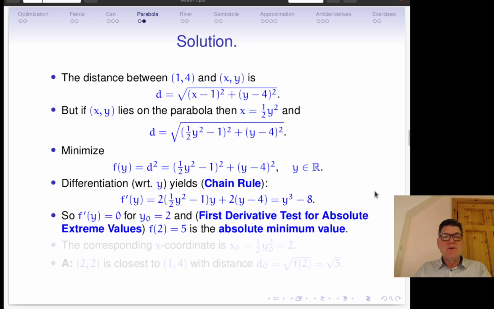Setting this to 0 reveals y0 equals 2 as the only critical point. And the first derivative test for absolute extreme values that we saw in the earlier video then tells us that this value f(2) equal to 5 is actually the absolute minimum value.